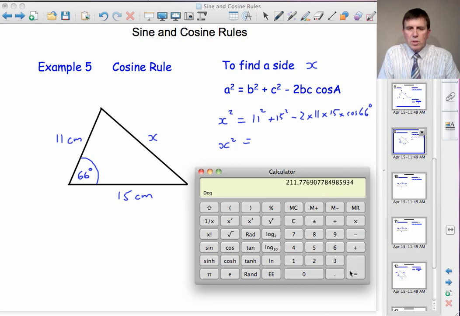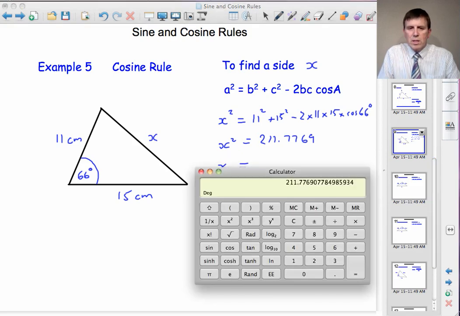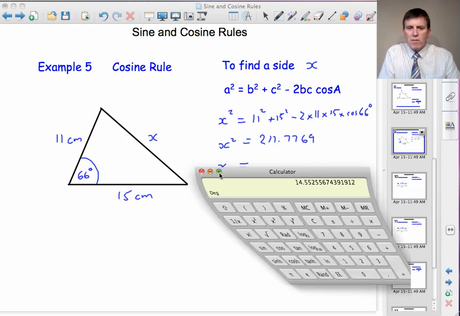And that comes to 211.7769. You don't necessarily need to write that down. You could go straight to the square root. So let's have the square root now to find x. And it's 14.55 to 2 decimal places.